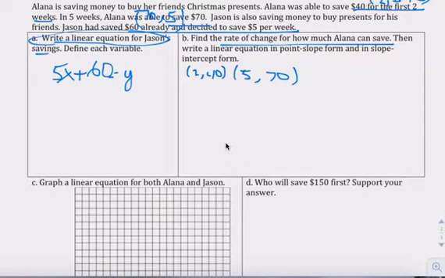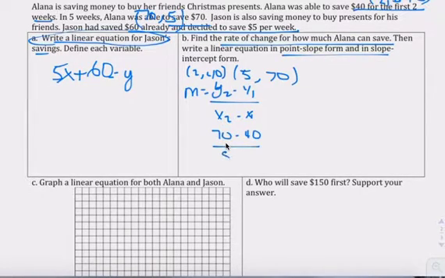And then you find the rate of change using the slope formula: y2 minus y1 over x2 minus x1. Substitute 70 minus 40 over 5 minus 2, that's 30 over 3, m equals 10. Y minus y1 equals m times parentheses x minus x1.